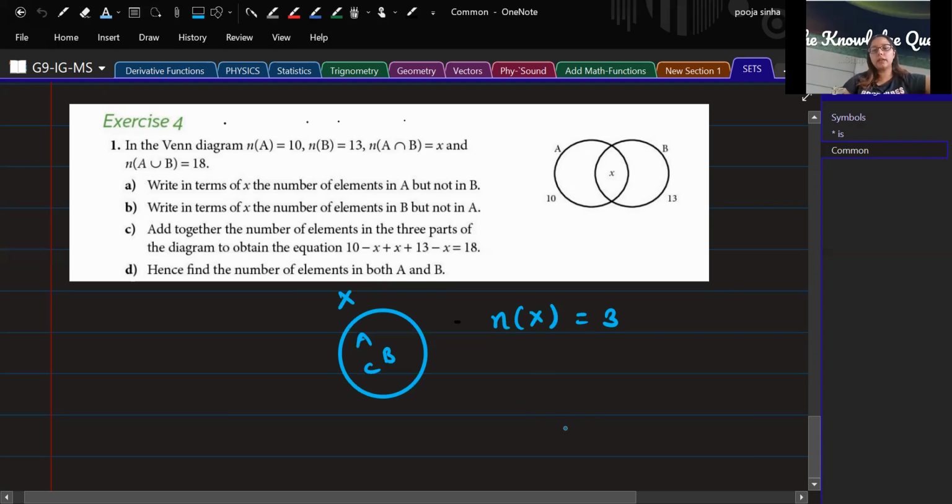There is another set which has 1, 5, 9, 8, 4, and the set's name is A. I'll count: 1, 2, 3, 4, 5. There are 5 elements in this, so n of A is equal to 5. That's the cardinal number, the number of elements in that set. Clear?